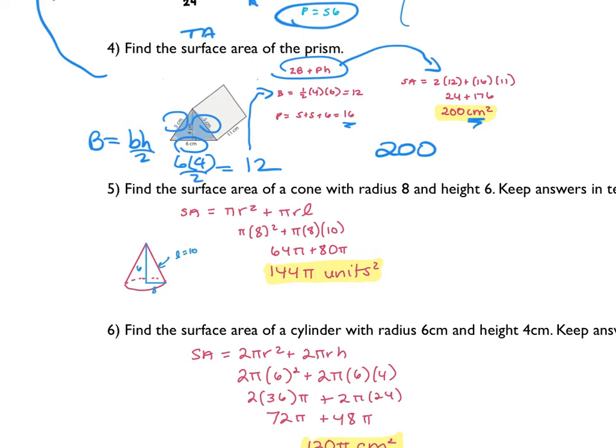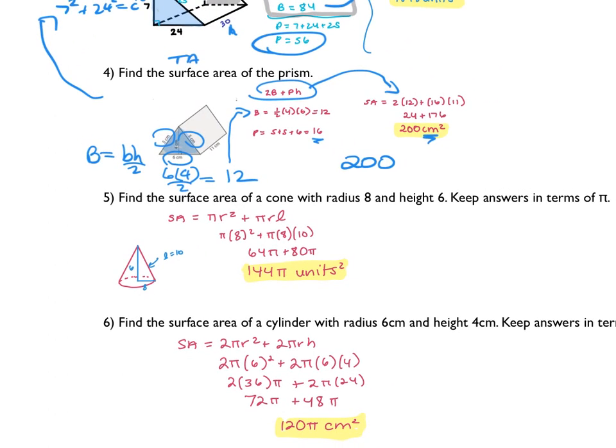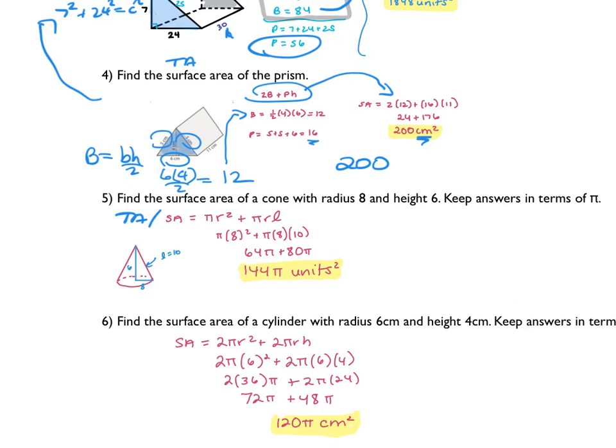Correct. Okay. All right, so number 5, surface area of a cone, or questions could say total area. This one is pi r squared, which is the area of the base, plus the lateral area, which is pi r l. Now, notice this height is h.